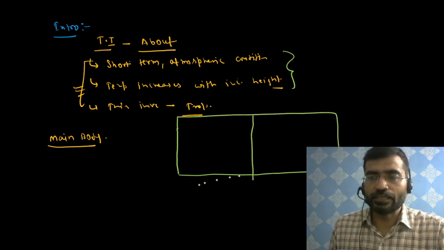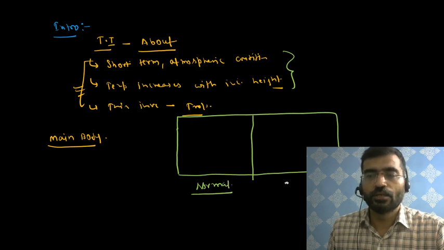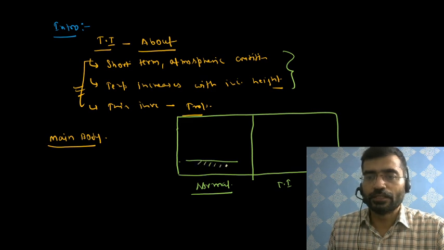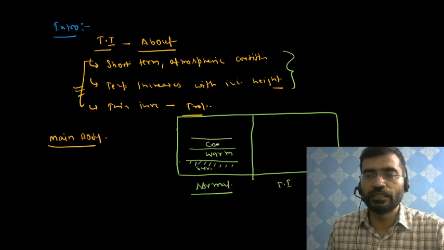You should draw the diagram of the normal atmospheric condition as well as the conditions of temperature inversion. For the normal atmospheric condition, this is our surface. Above the surface there is a warm layer. Over it there is a cool layer. Thereafter it is a cold layer.